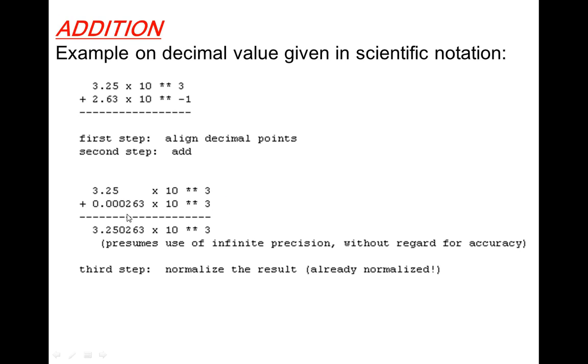The second step is to add these values, and the third step is to normalize the result or maintain accuracy without any errors. This is how we can add floating point numbers in computer organization or computer architecture.